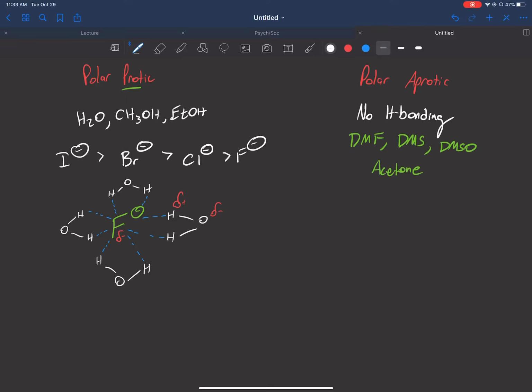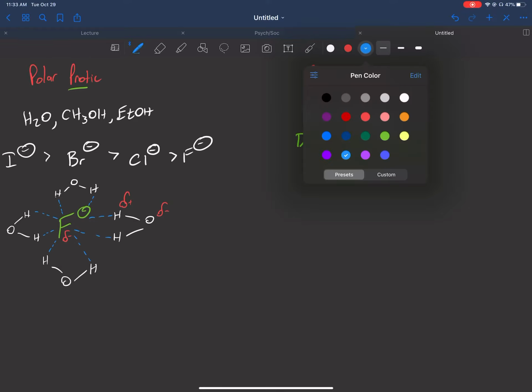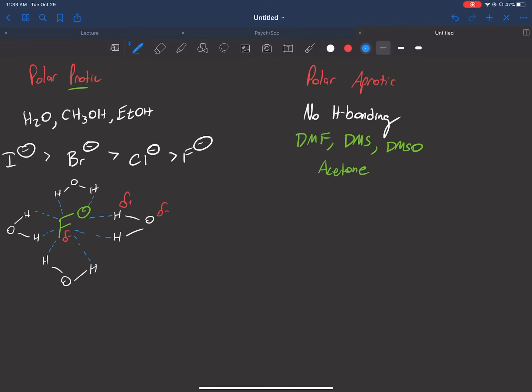How about polar aprotic? Right, so this is again DMF, acetone. Another one could be something like, actually no, yeah, I think that's all you'd really ever see. So this has the opposite trend. All right, this has the complete opposite trend. So fluorine is better than chlorine, is better than bromine, better than iodine.